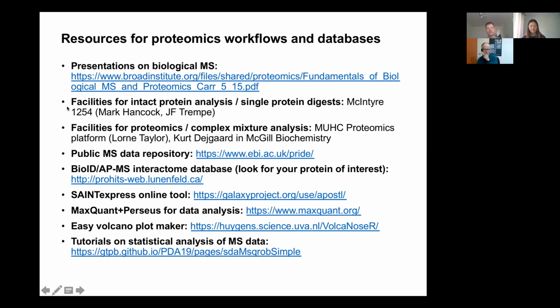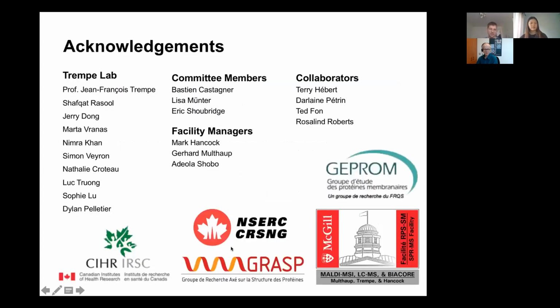Briefly, there's a facility, so if you are interested in doing any intact protein analysis, please reach out to me, Mark Hancock, or JF, because we have this set up in the McIntyre. For proteomics, we will probably suggest that you outsource this either to the MUHC or to the platform manager in McGill Biochem. And then there are some data repositories and some links for easy tools for data manipulation.